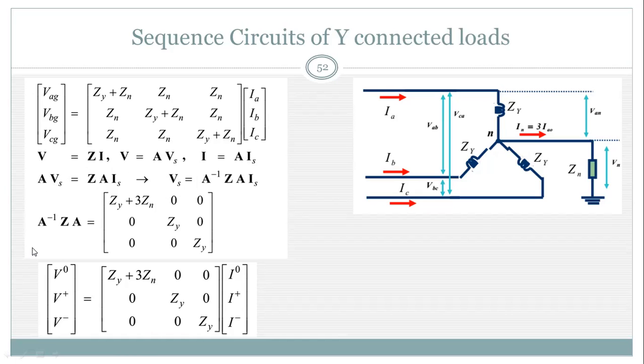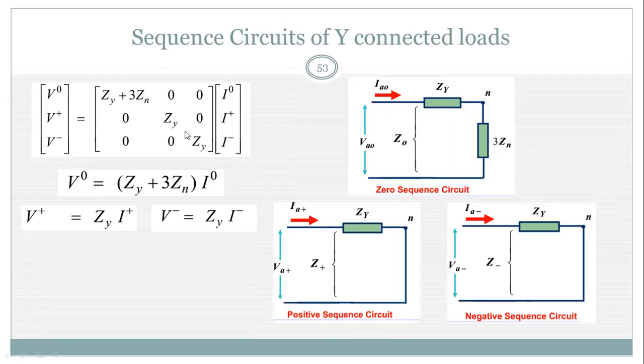So the final equation, after calculating the zero sequence voltage, the positive sequence voltage, and the negative sequence voltage matrix, is equal to the impedance matrix times the sequence component of current. From this equation, we can easily separate the three different sequence voltage equations.